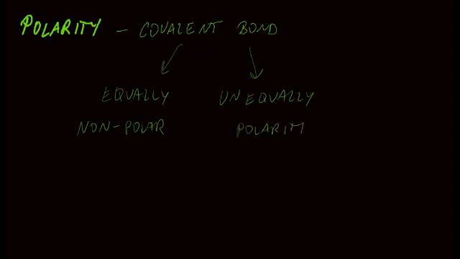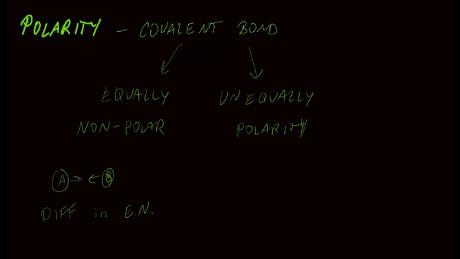Hence the concept polarity. Now, we also know if we have atom A and atom B bonding together, sharing electrons, we can determine whether they're equally or unequally sharing these electrons by the difference in electronegativity.